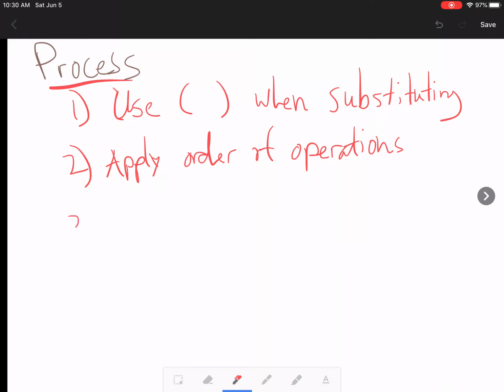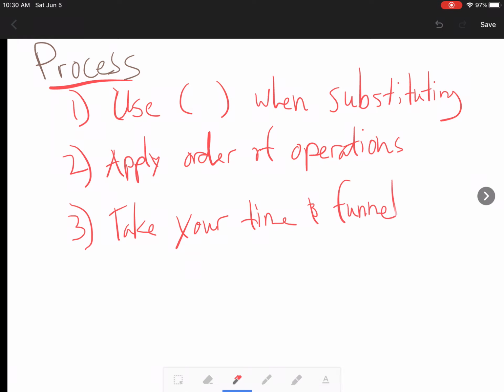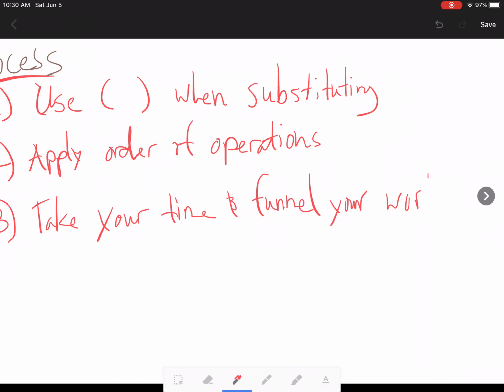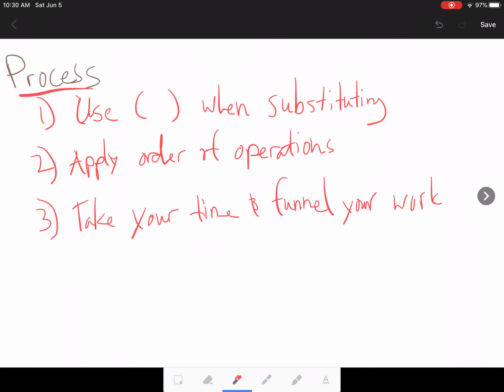And then I'm going to add a third one here, which is: take your time and funnel your work. You might be wondering, what do I mean by funneling your work? We'll start off with a long line of numbers, and then we'll do a little bit of work, and then a little more work, and then a little more work, and finally we'll get to an answer.